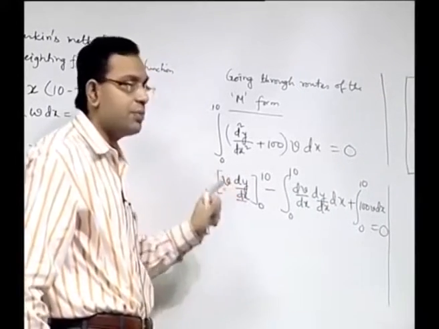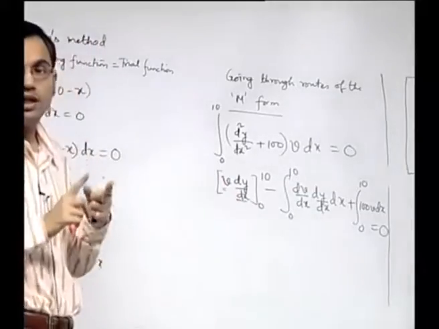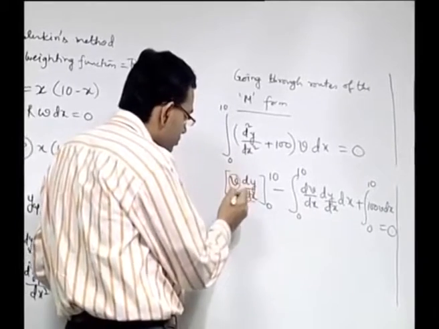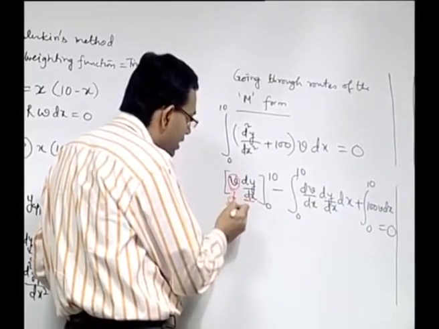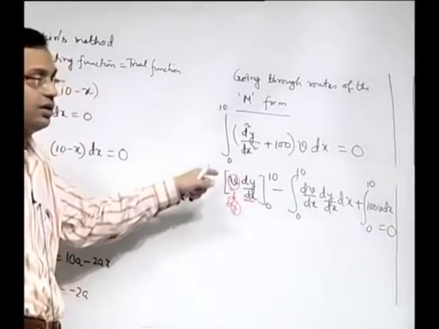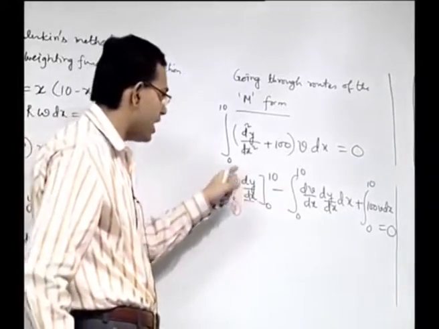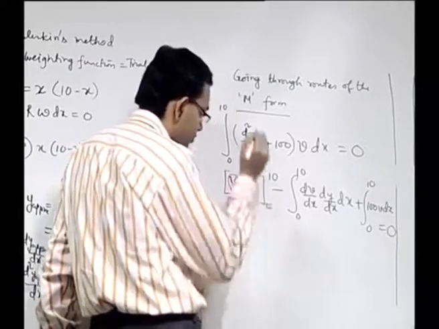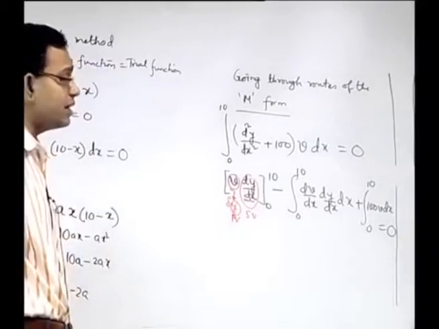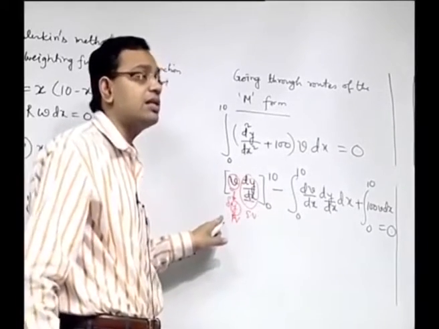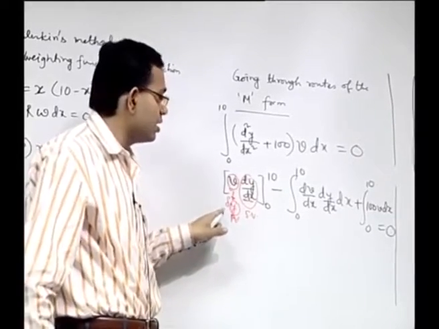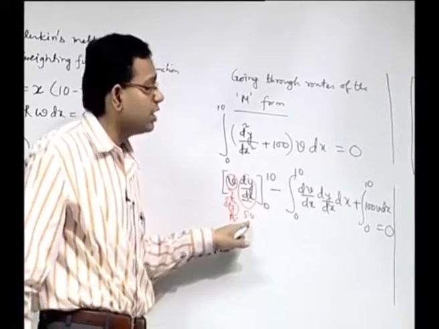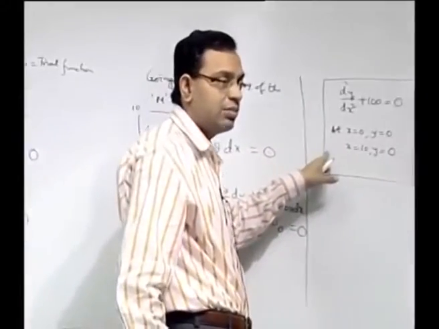So, you have two types of variables, one is primary variable, another is secondary variable. If this is delta y, then this y is the primary variable, not V. And secondary variable is dy dx. Specifying the primary variable at the boundary is essential boundary condition, specifying the secondary variable at the boundary is natural boundary condition. Here both the boundary conditions are essential boundary conditions.